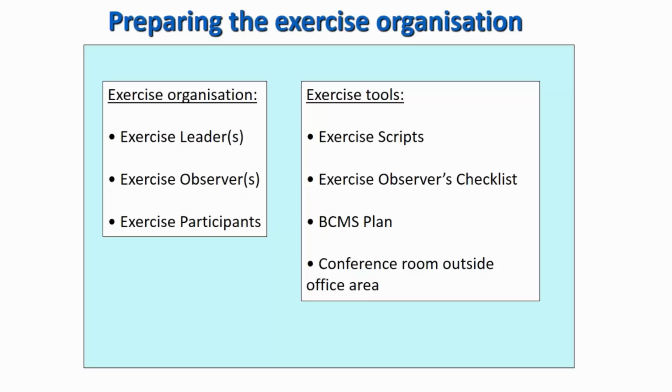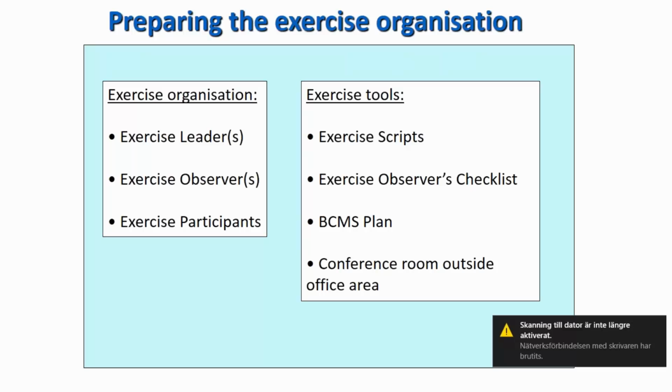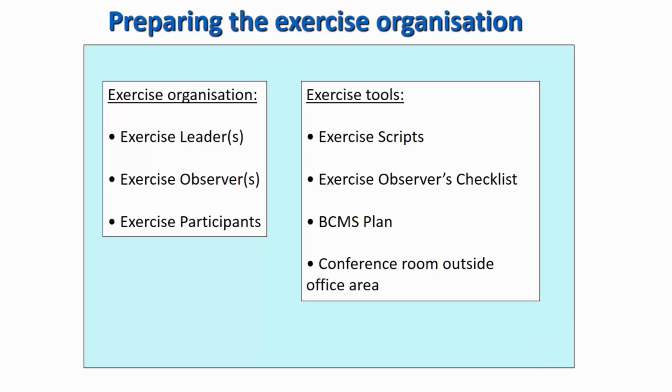And the tools for the exercise: you need to do the exercise scripts and the checklist for the observer and the plan itself, of course, and then plan for a conference room outside the office area. That is because you don't want to disturb the teams with phone calls or somebody coming in and saying we need your help now and so on. So it's better to be outside the office area.